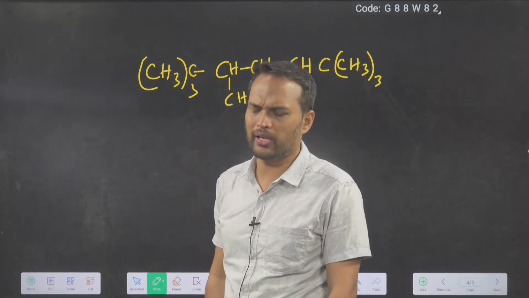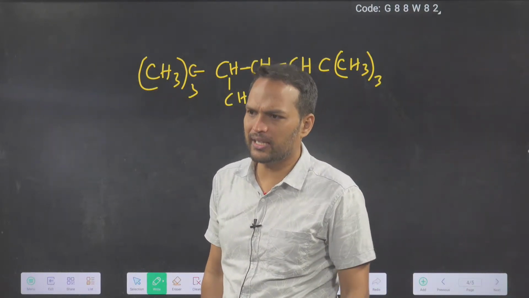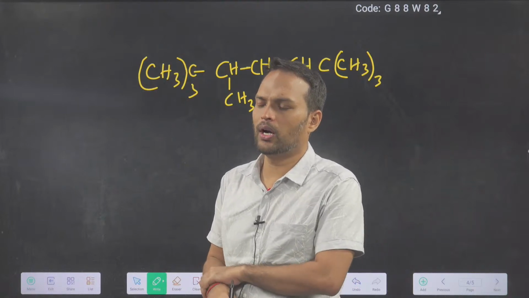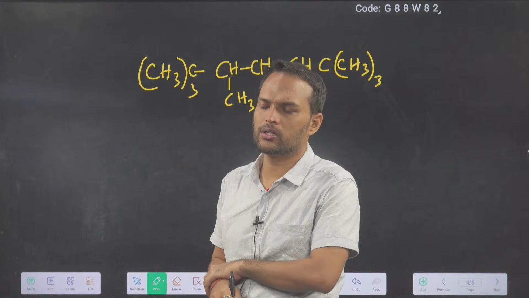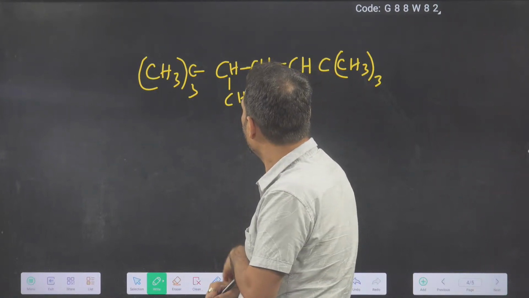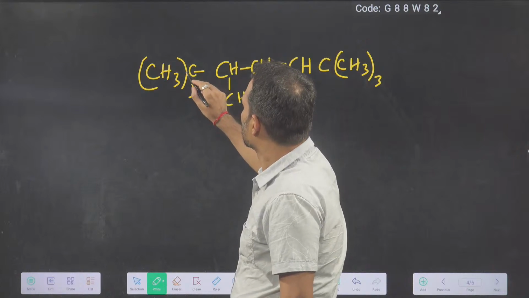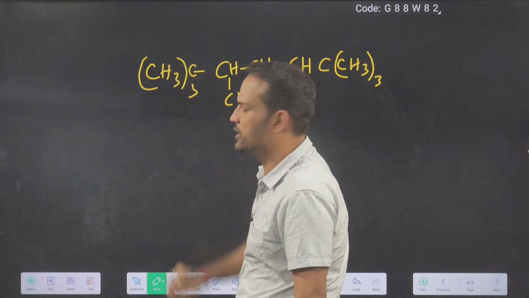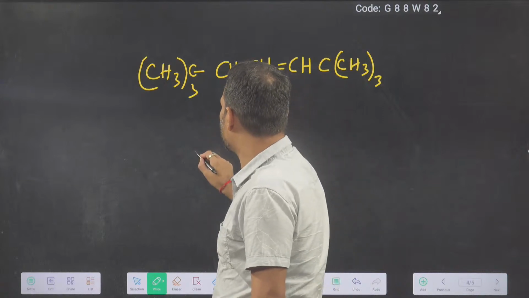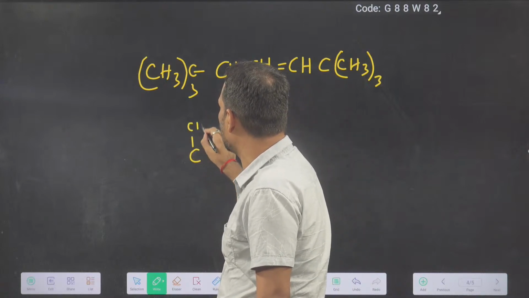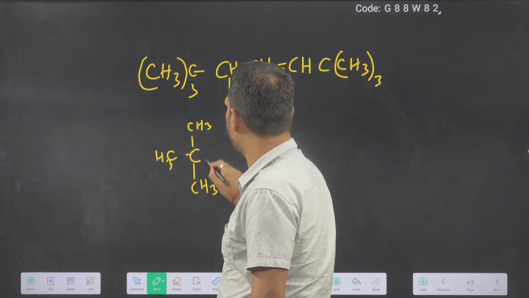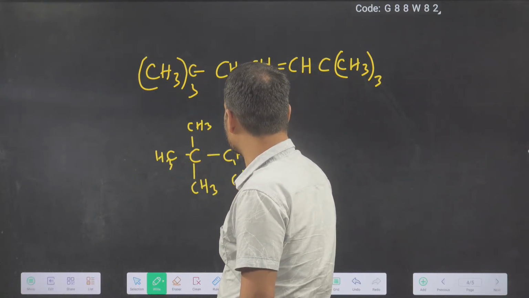Some bonds I am showing so that you are able to understand the structure clearly. Now tell, C having what? CH3, CH3, CH3, yes or no? So if you expand this structure a bit, you will get like this.